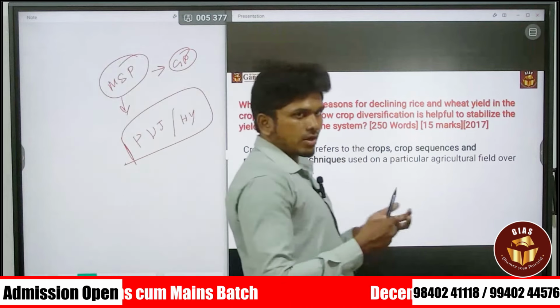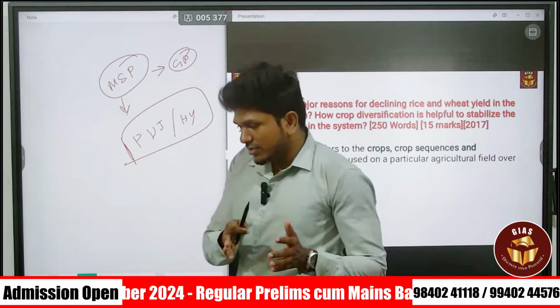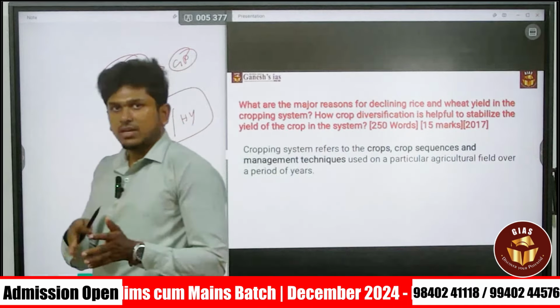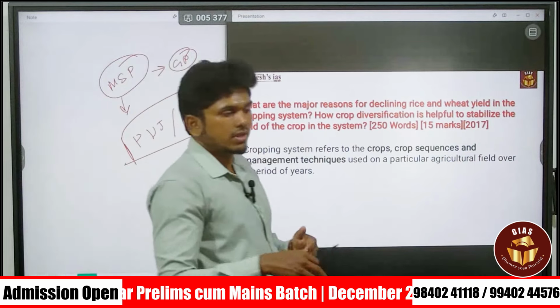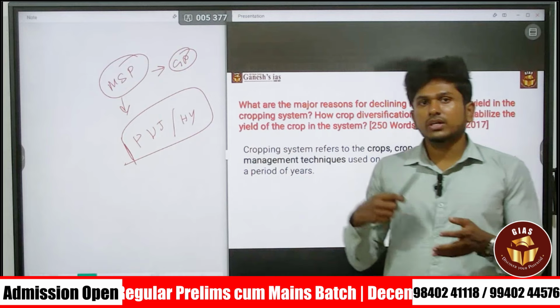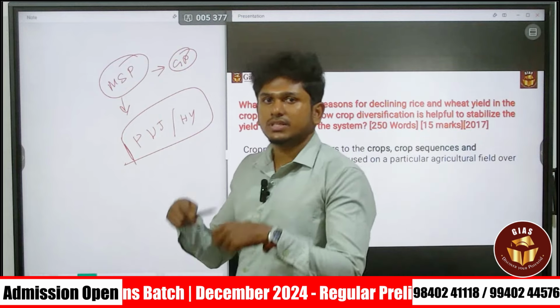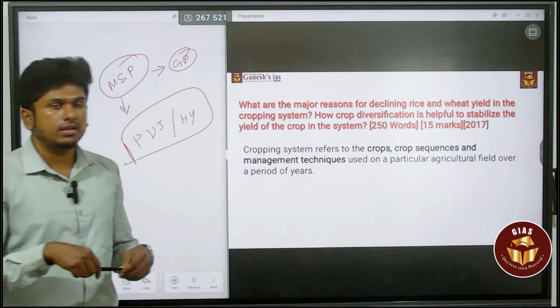Obviously, if there is crop diversification, for example, consider that in one season you are cultivating rice, and the next season you are cultivating leguminous crops like pulses. In that way, it will do nitrogen fixation in the soil, which increases the nitrogen in that soil.